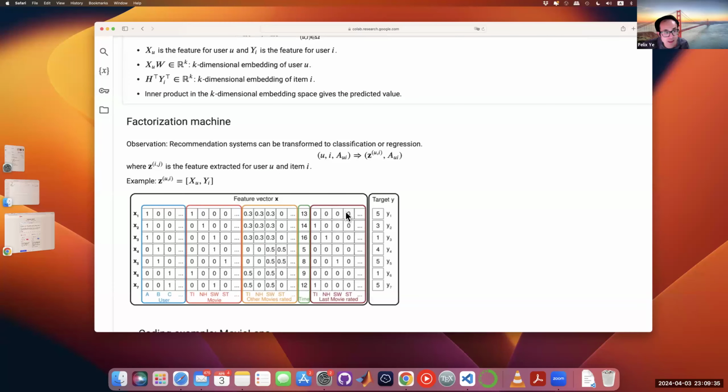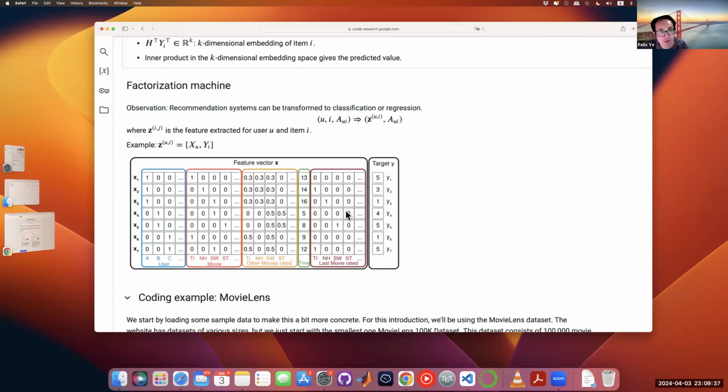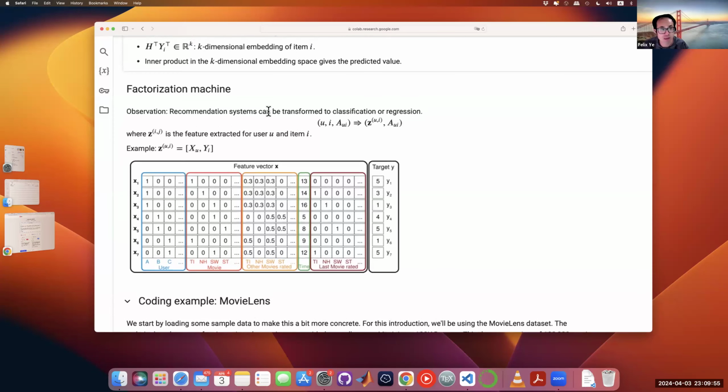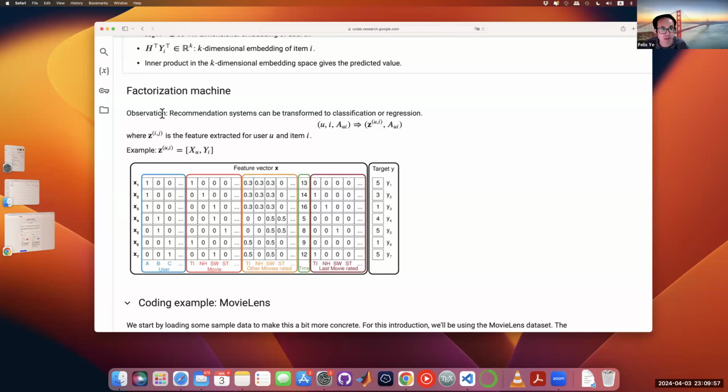Another way we can do this, which is a very popular one, and for the project and homeworks you actually need to use this method, because it will help you come up with new methods, is called factorization machine. You can think about it the following way.